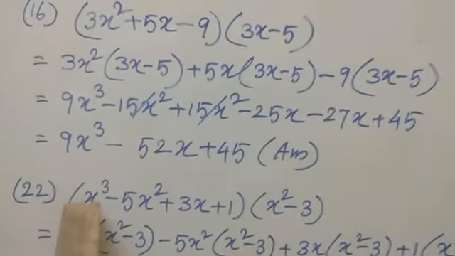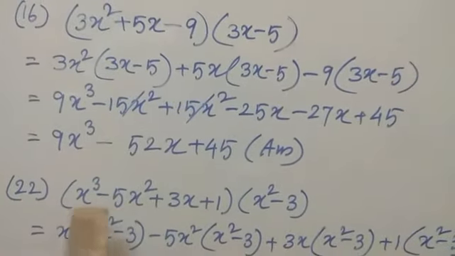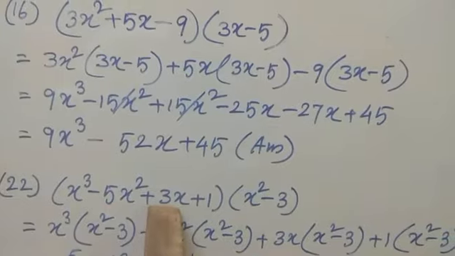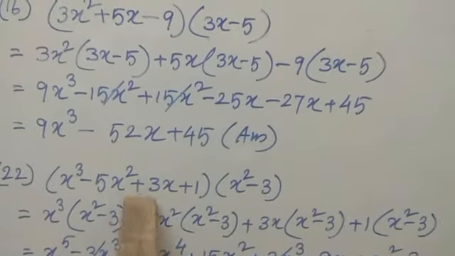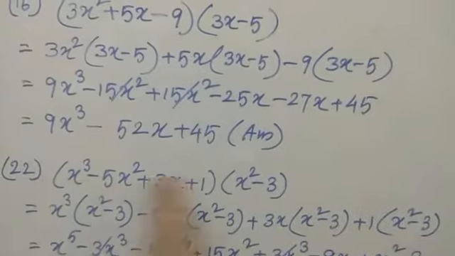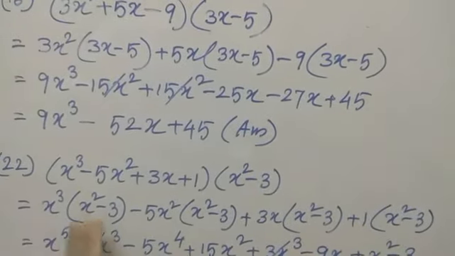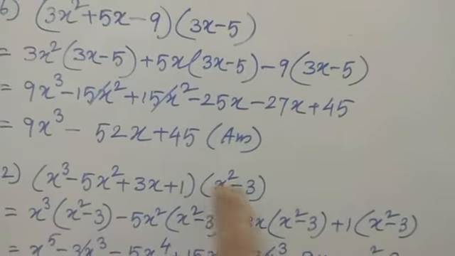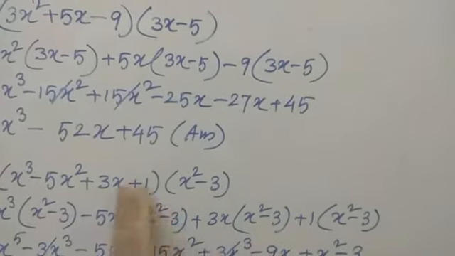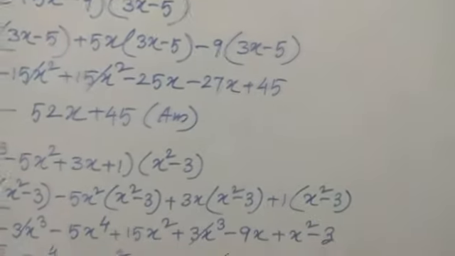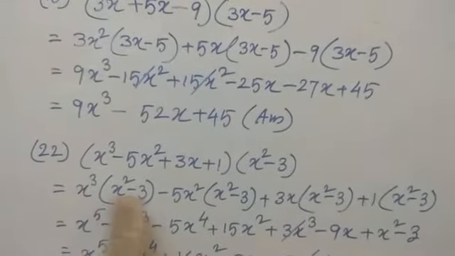Next, question number 22. This is an algebraic expression which has 4 terms, and here the binomial. So multiply this expression with this. So x cube into x² minus 3 here, minus 5x² into x² minus 3 here, plus 3x into x² minus 3, plus 1 into x² minus 3. Now multiply these two terms by x cube.